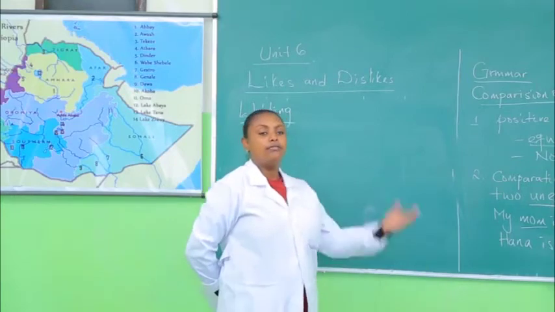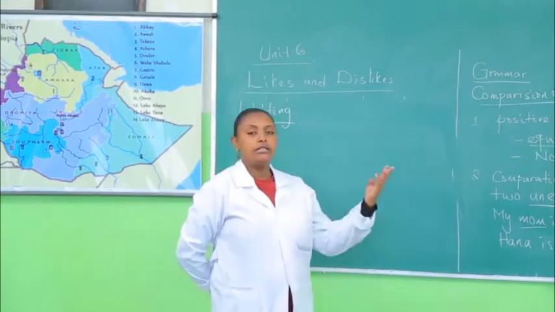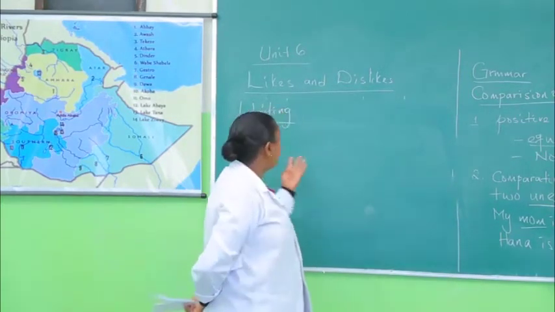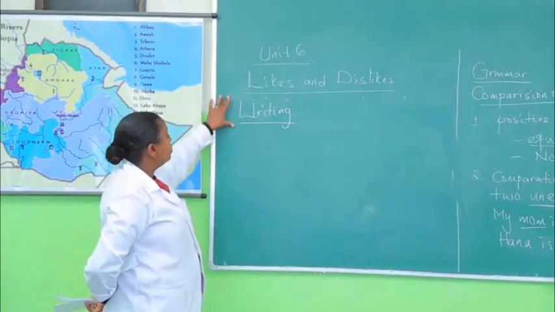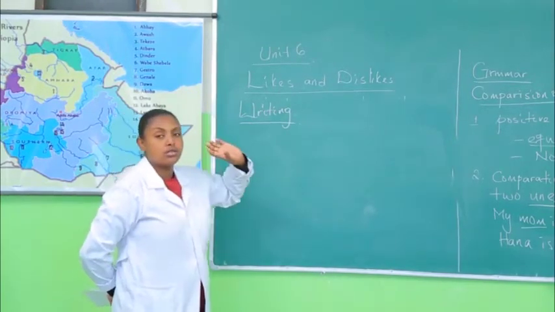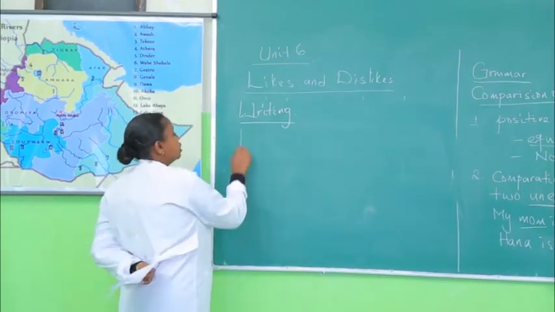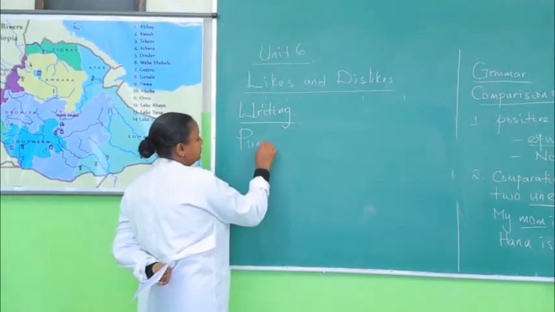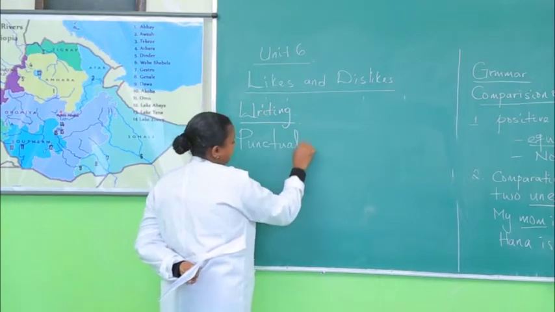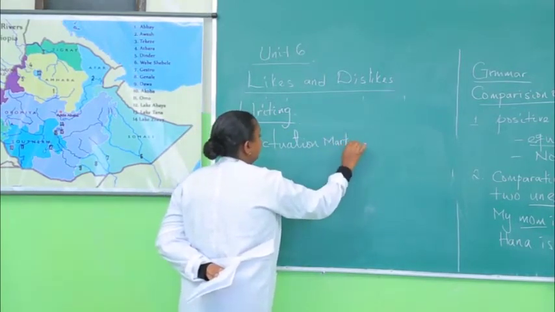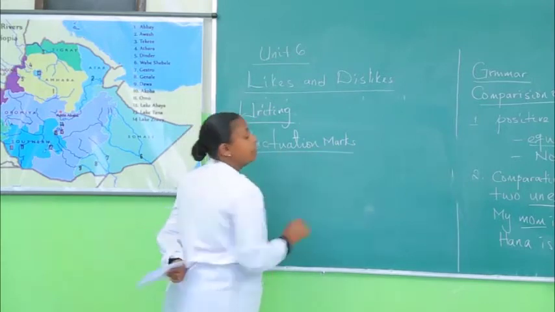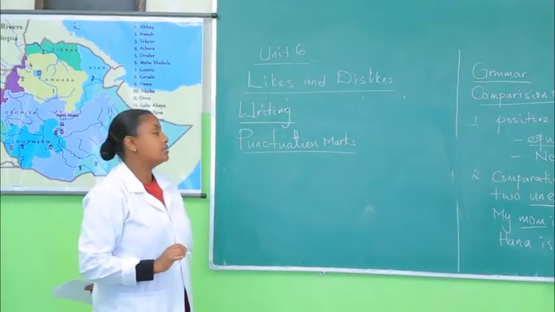So here we have 4 skills: reading, writing, listening, and speaking also. So when you are writing, there are rules that you need to follow. Punctuation marks. Punctuation marks are very important when you write.